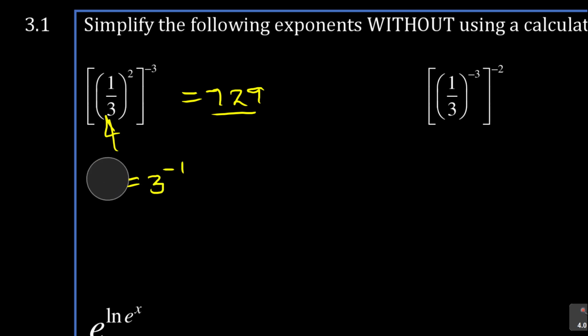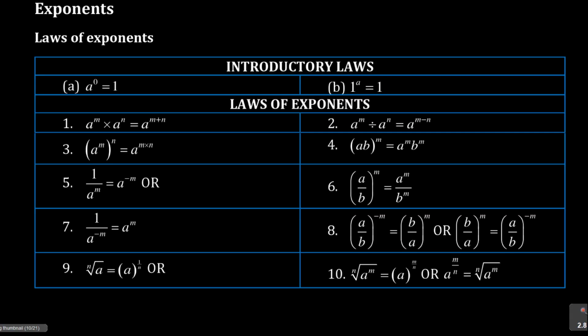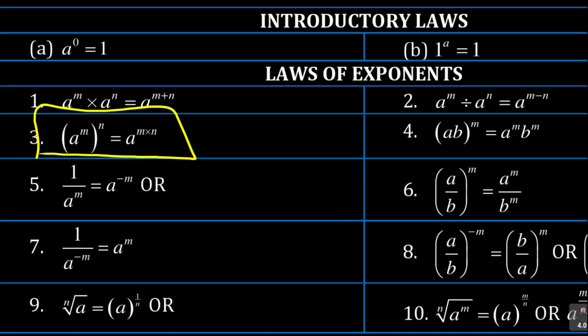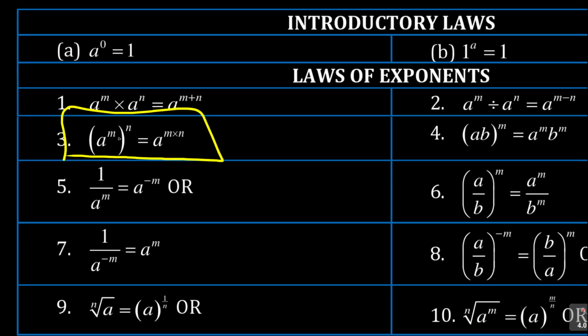So if I take that 1/3 there, close the bracket, put that 2, and close the big bracket and put the -3, it becomes better. We are using this rule here, which says if you have a to the exponent m to the exponent n, you multiply.